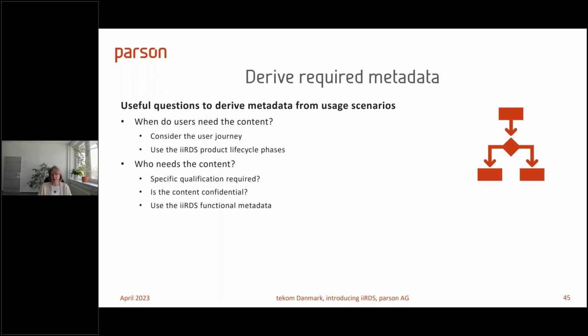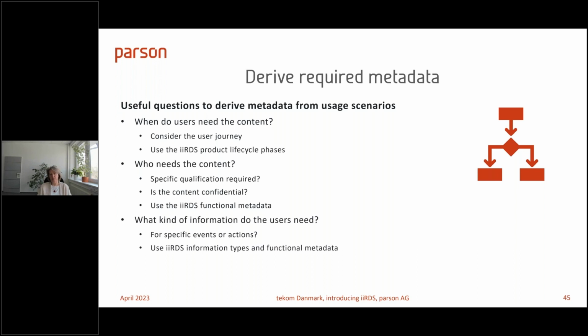Then there's the question, who needs the content? Do you have content for specific skill levels, for specific roles, professional roles? Is there confidentiality involved? If so, use the classes from the functional metadata. Then what kind of information do the users need? Is it related to specific actions or events?